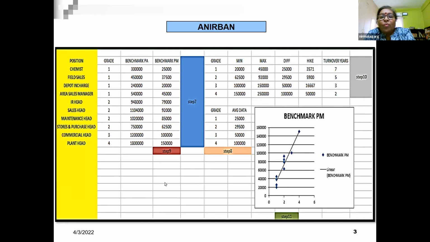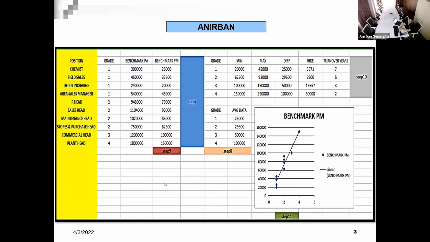So what you could do, depending on the number of years an average performer is supposed to be staying in grade 1, is look at what the promotion or the increment per year is.